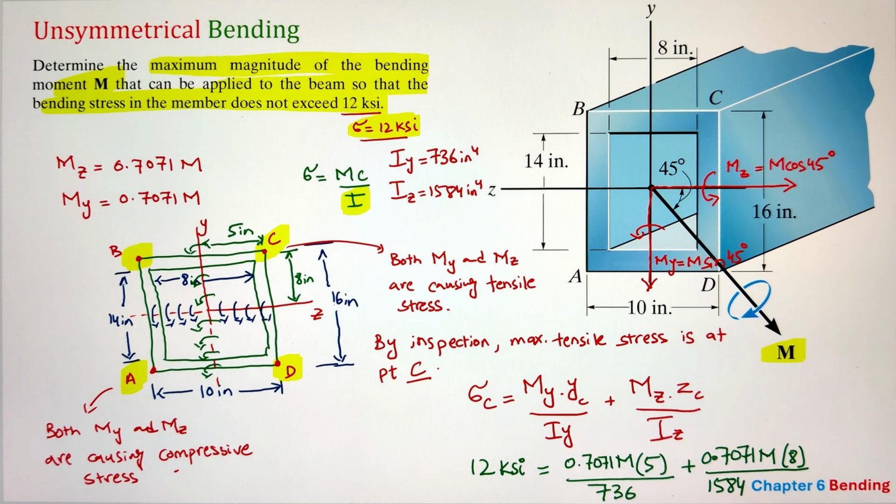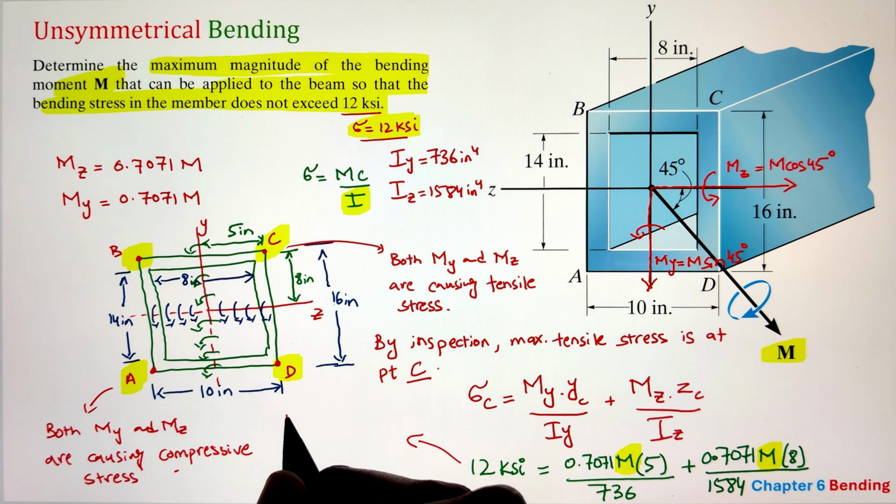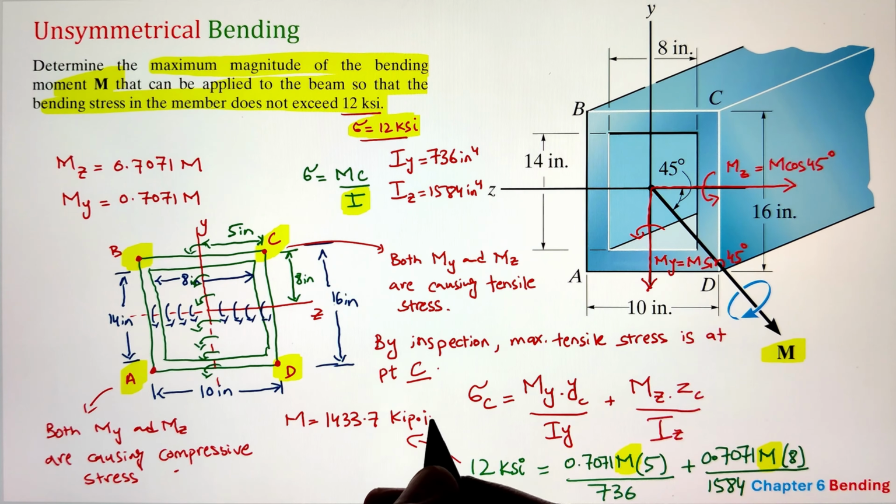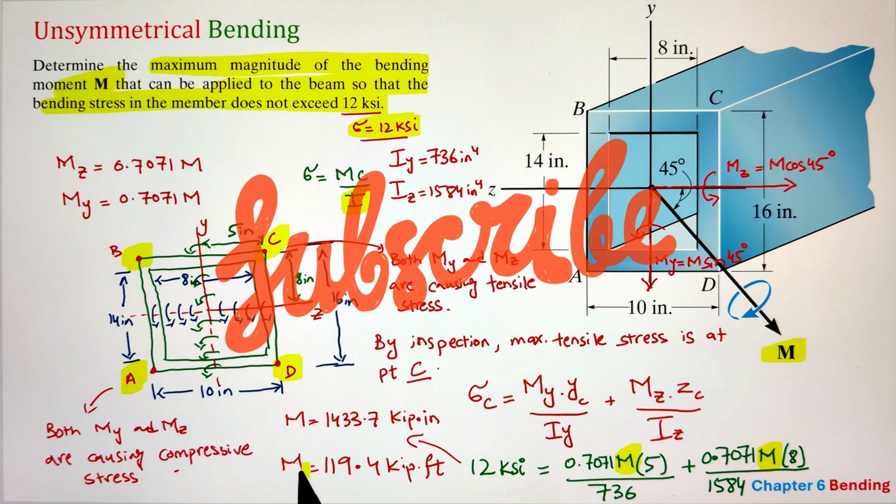Now here we have an expression where only one variable is unknown, that is M. We can simplify and solve for the value of M, that is coming as 1433.7 kip inch. Now in order to represent it in terms of feet, we need to divide this number by 12. So the value of the moment is equal to 119.4 kip feet.